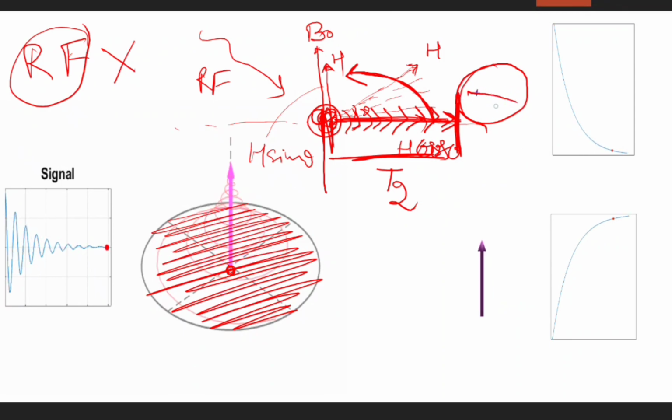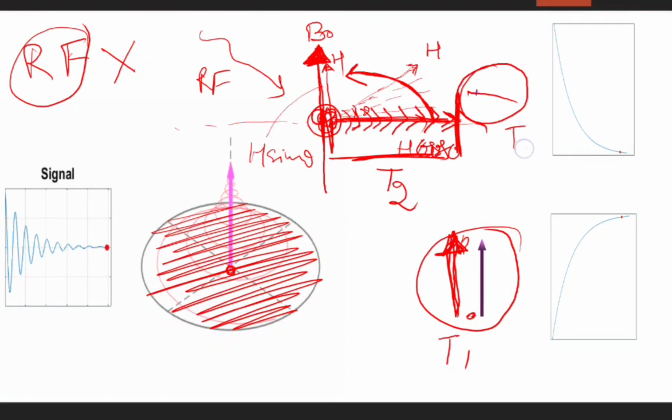The horizontal vector is reducing here, and the longitudinal vector will increase because that vector will come to its own position. So you see this diagram, and from here to here, the time it takes to achieve the full longitudinal position is called T1, and this one is called T2.